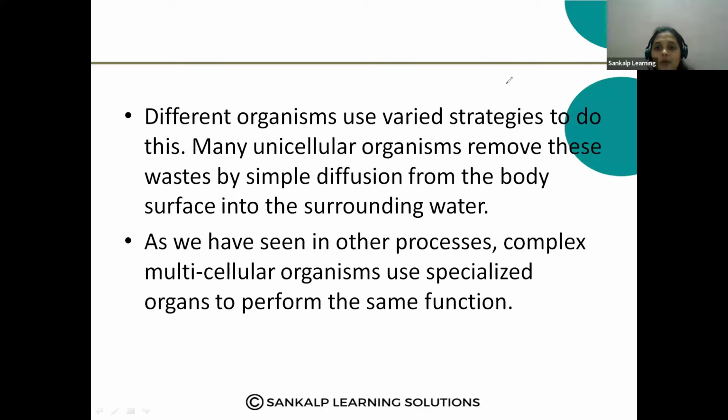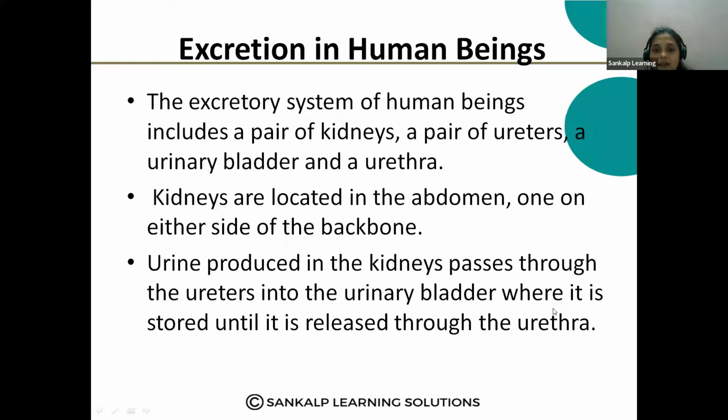So the multicellular organisms have some specialized structures in their body. Humans have the kidneys for the removal of the nitrogenous waste. So let us study the human excretory system, how excretion takes place in the human body.